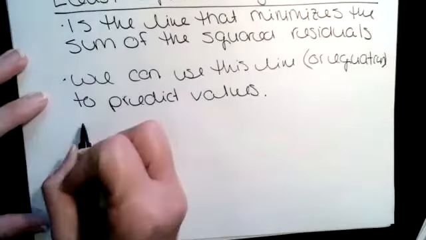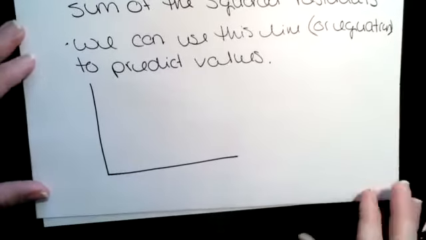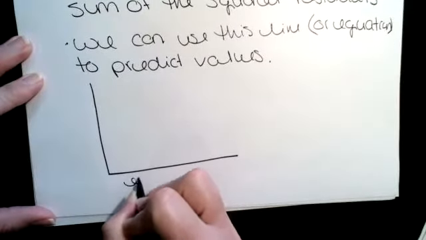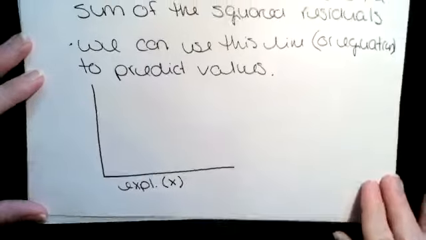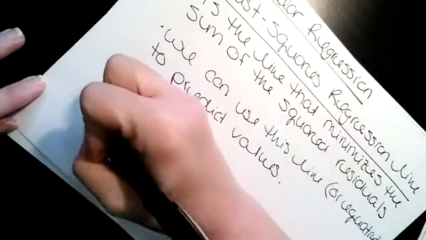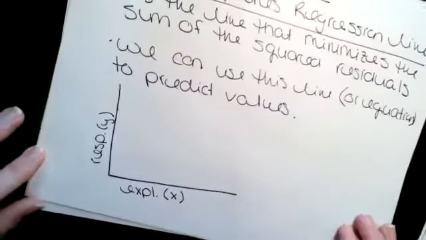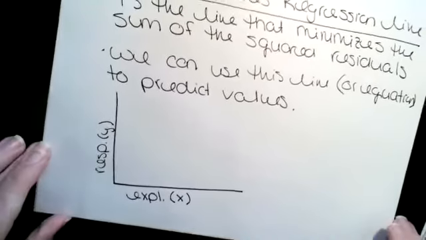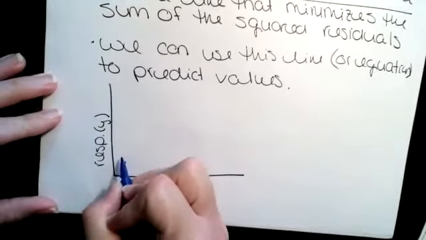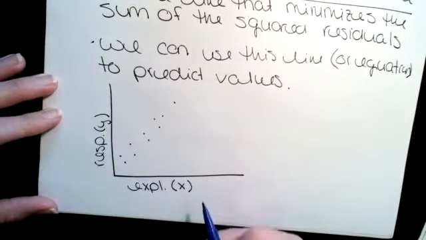So let me give you a visual of what we have going on, and I may zoom this in just a second so we can see. This is my explanatory, my x variable down here, and over here I have my response variable, my y. I might have some scatter plot like this.